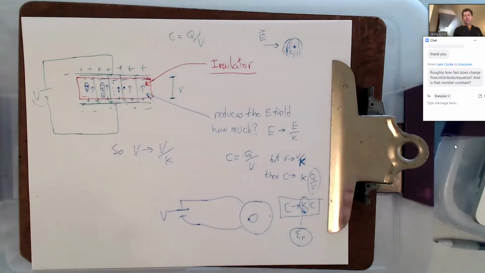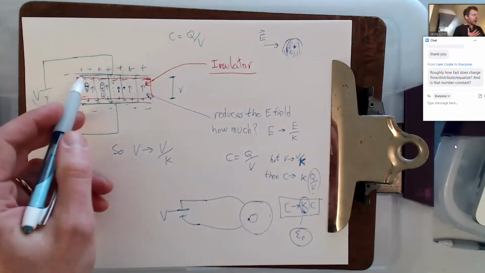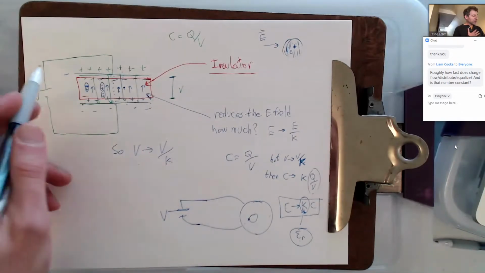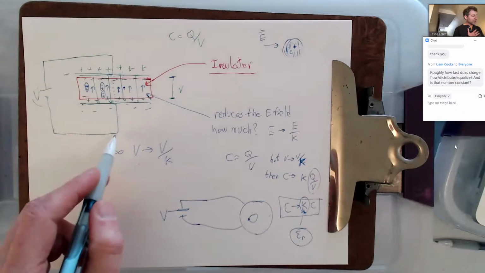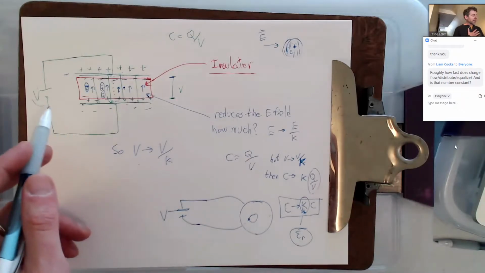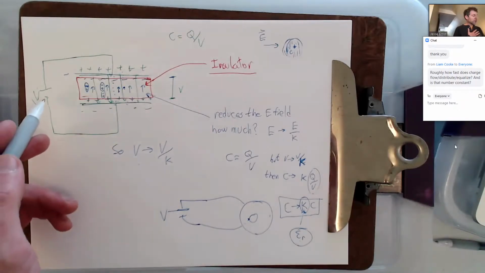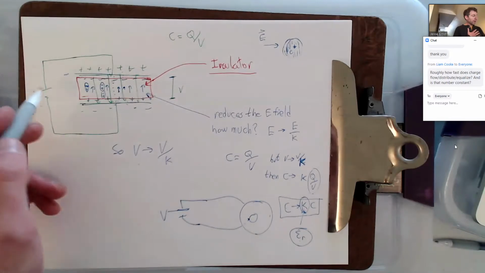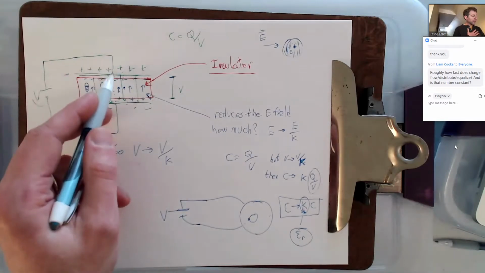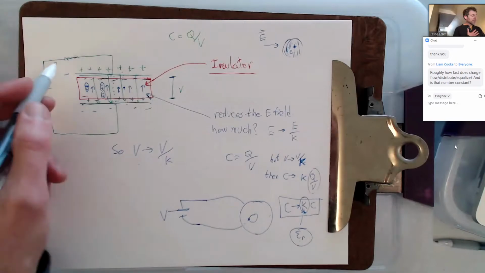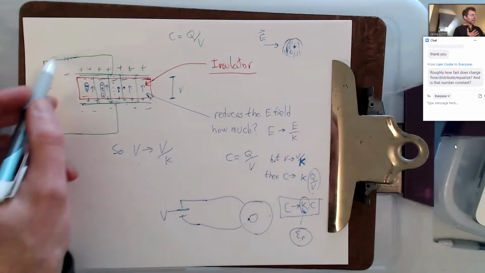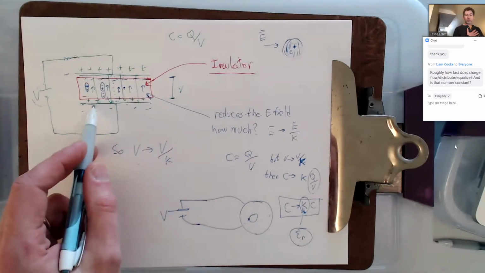It doesn't really happen that way. How long it takes depends, for those of you who know this, on the resistance of the wires. We're going to soon talk about circuits where we have a capacitor and then we actually include some resistance, and then that'll let us talk about how long it takes to charge this thing.